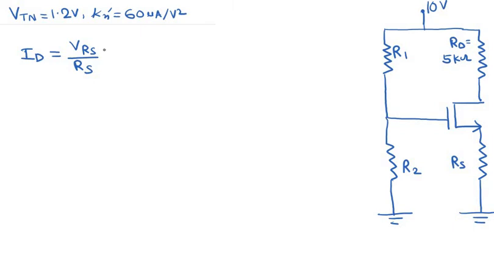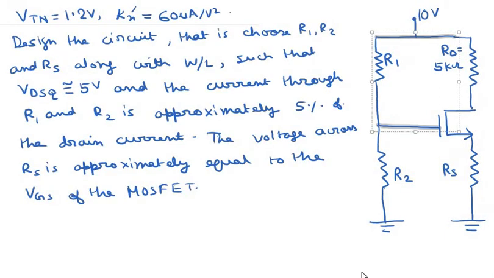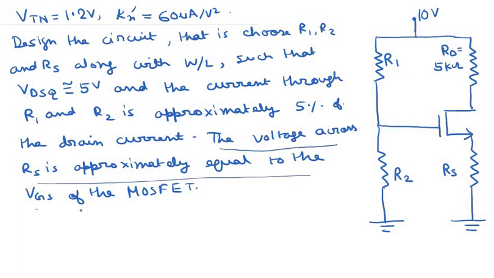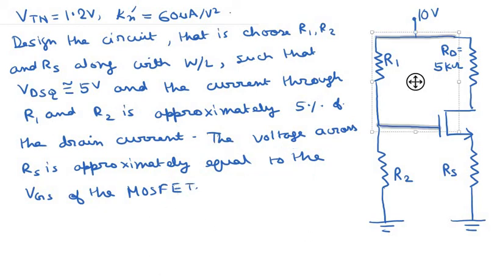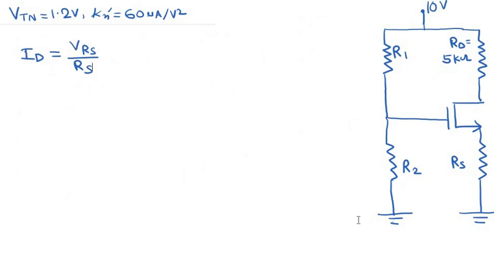It is given that the voltage drop across RS is approximately equal to VGS for the MOSFET. So we take this condition, and this is approximately equal to VGS divided by RS.